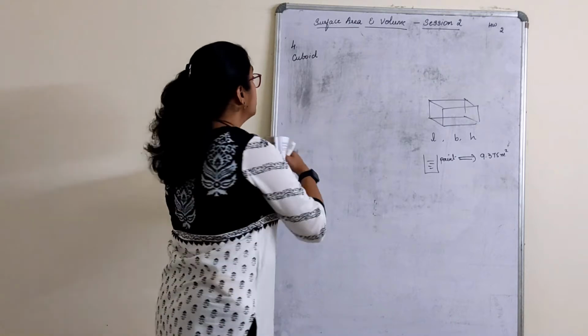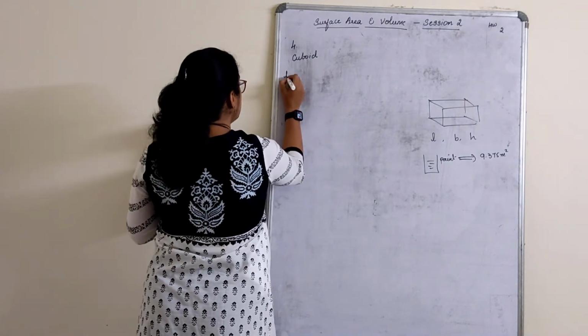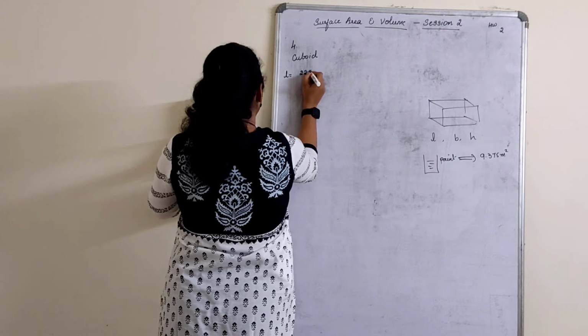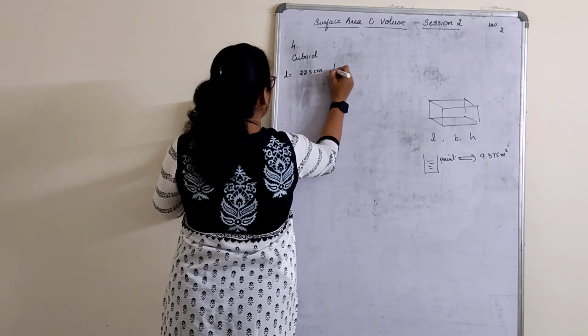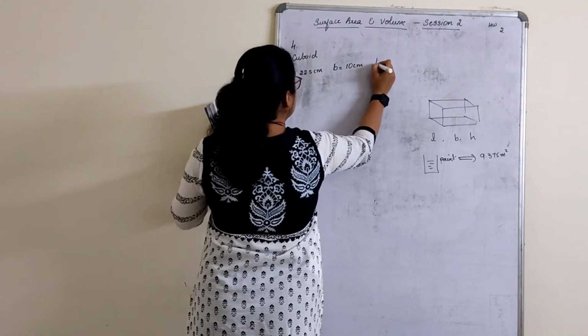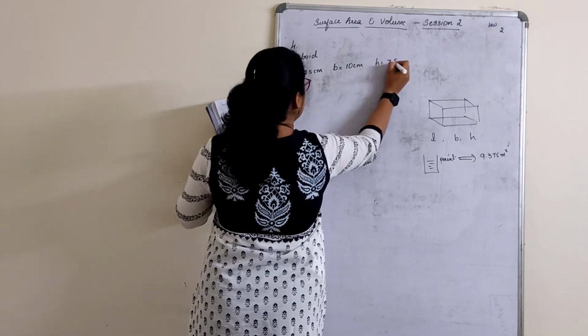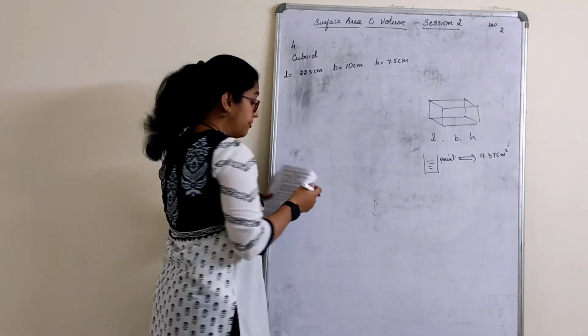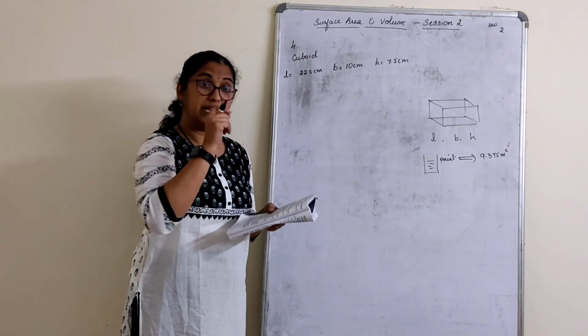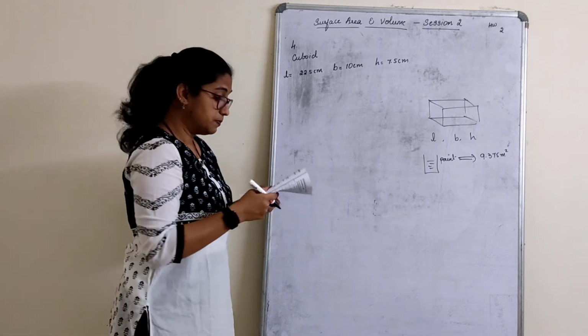So, let us first write the dimension. Cuboid, so a brick dimension is 22.5 centimeter, breadth is 10 centimeter and height 7.5. See here they have not given length, breadth and height separately. But when they give you 22.5 by 10 by 7.5, it is understood as length into breadth into height.